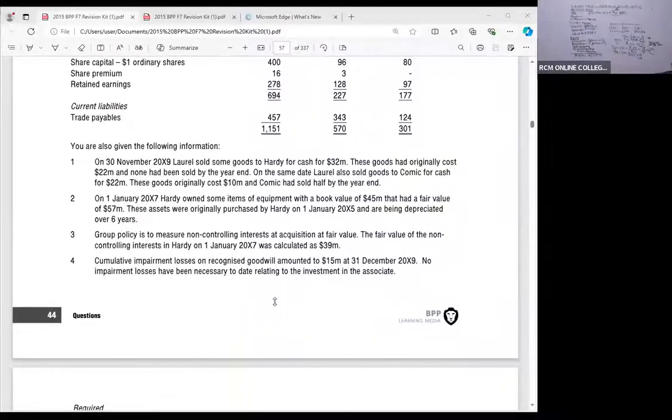So on 30th November, Laurel sold goods to Hadi for cash for 32. So that's the revenue that Laurel got. These goods had originally cost 22 million and none had been sold by the year end.